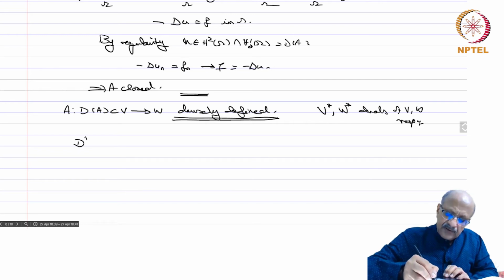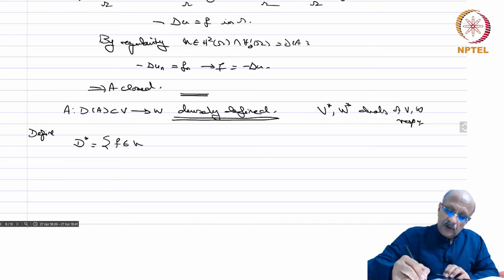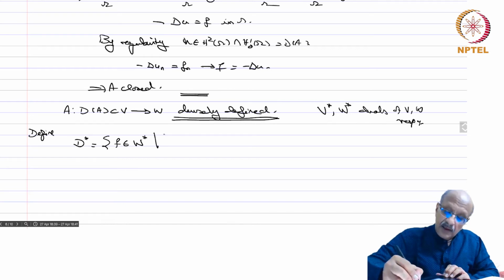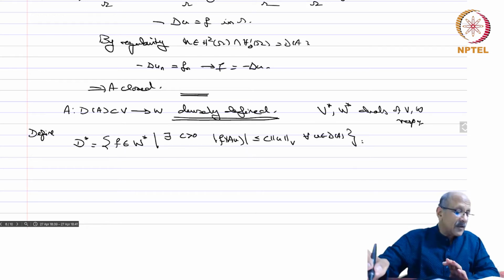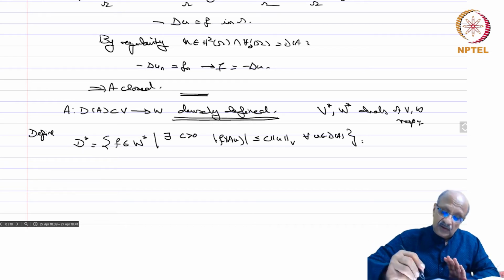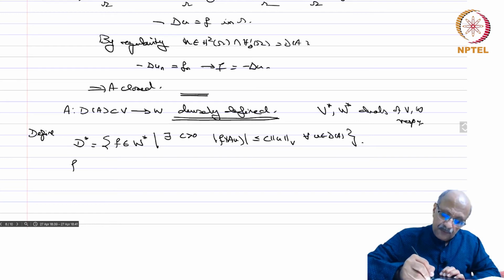Now I define D star as the set of all f belonging to W star such that there exists a constant C such that mod f of Au is less than or equal to C times the norm of u in V for every u in D of A. Let us call this D star.